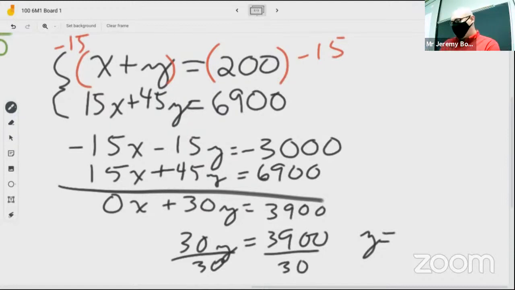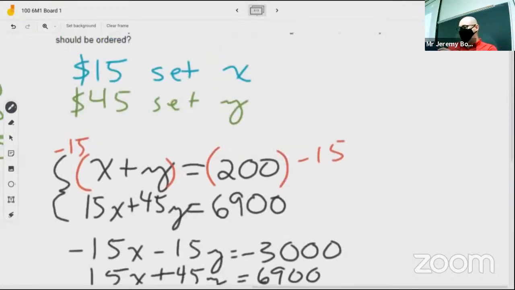Is it 130? So we're gonna buy 130 of the $45 set. Any questions on that part?